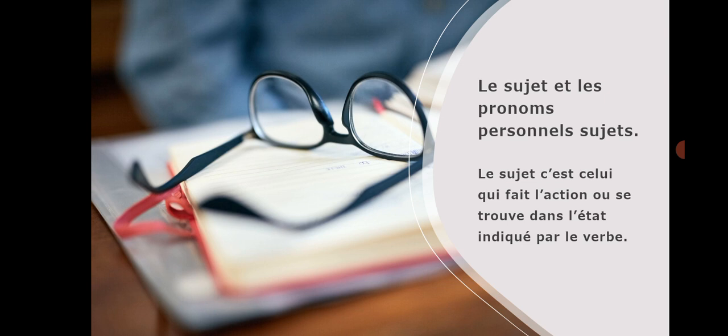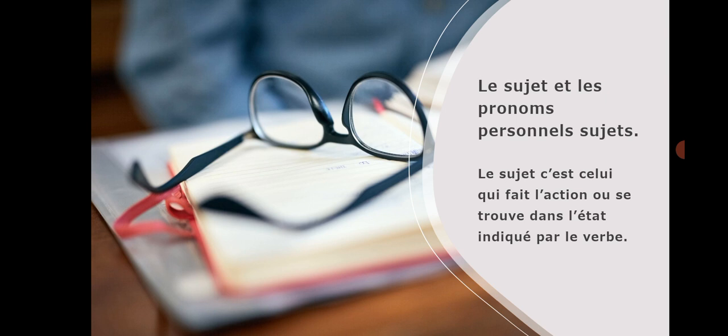I think that definition is only 50% complete, because the subject doesn't only do the action, but the subject can be in the state being expressed by the verb. For instance, if I say she looks beautiful, there's no action here. We have a state, the state of being beautiful.